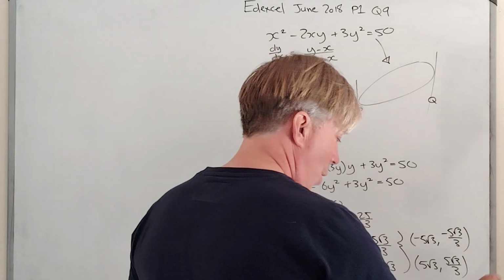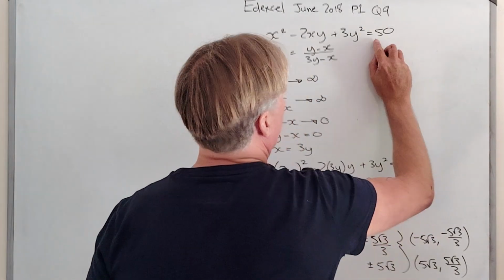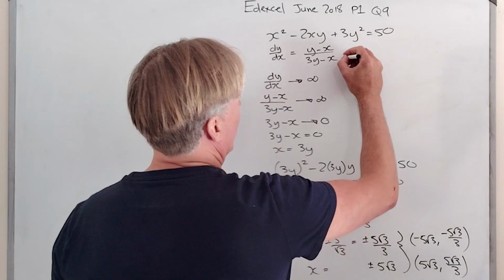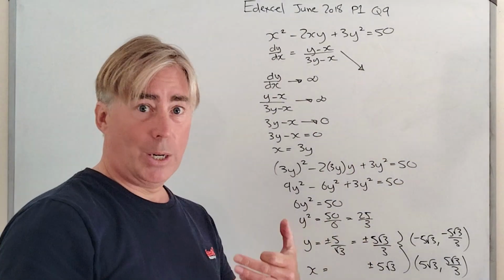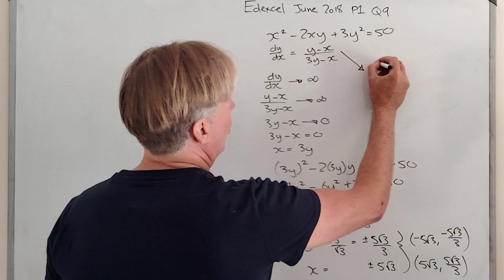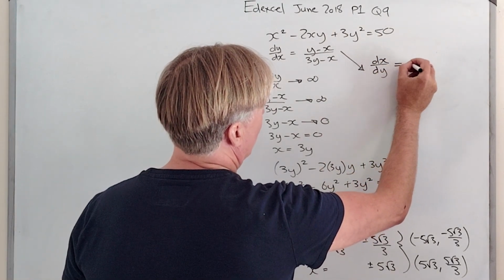So if I were to, let's rub this out and give myself a little room, I could have gone down this route. Instead of finding dy by dx, I could actually invert that, find the reciprocal, and basically set dx by dy equal to 0.